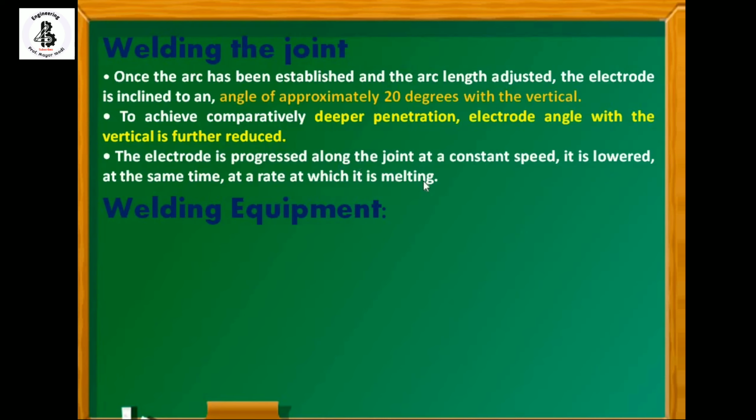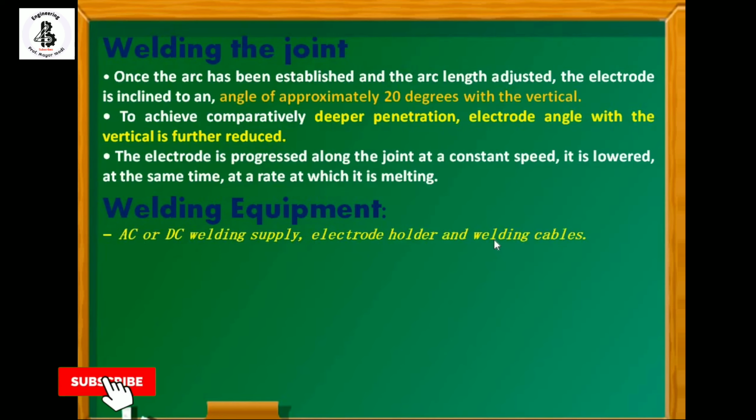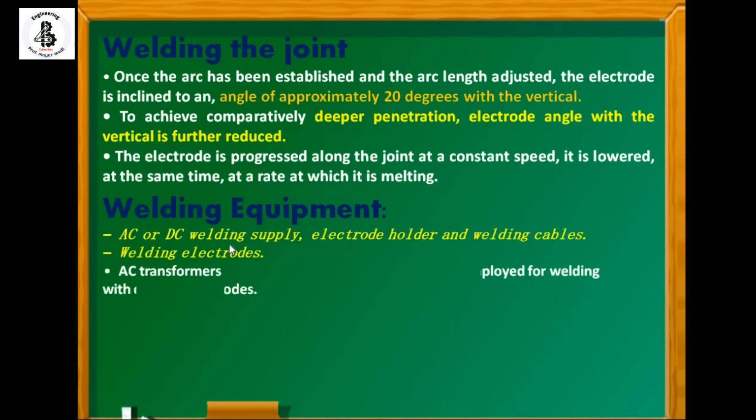Then, which kind of welding equipment? AC or DC welding supply is used, along with an electrode holder, welding cables, as we see in the setup of an arc welding process, and welding electrodes. AC transformers and DC generators, or rectifiers, can be employed for welding with covered electrodes.